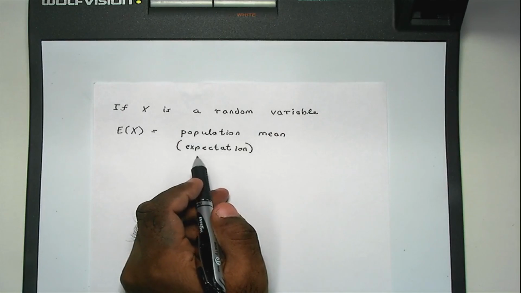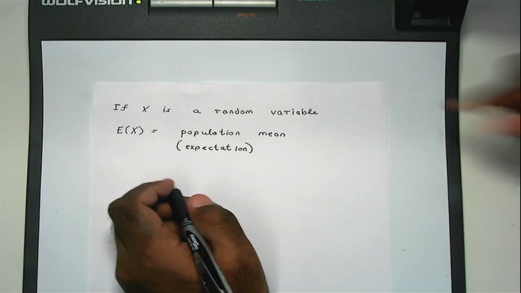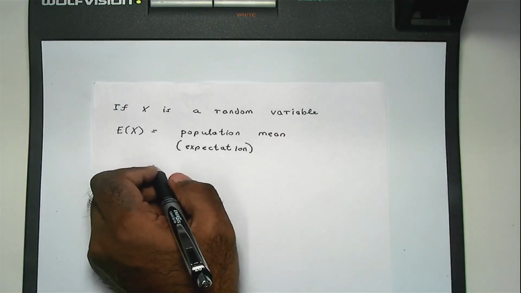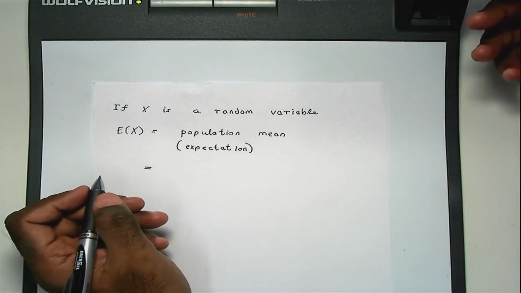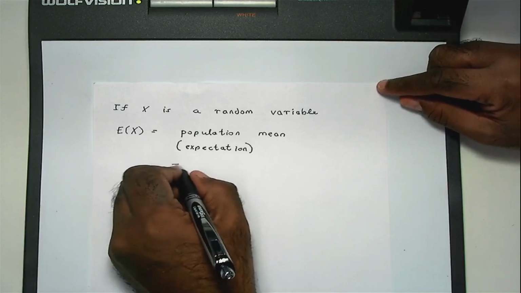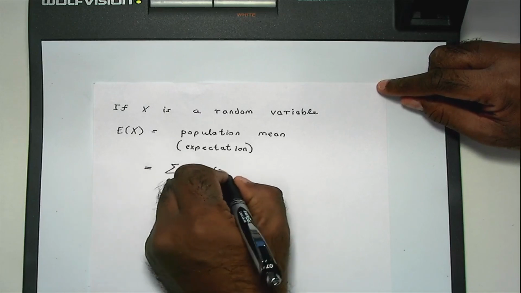And if the variable is discrete, right, then you can work this out like this, right, over all x.